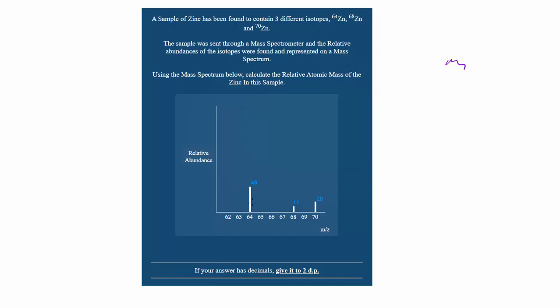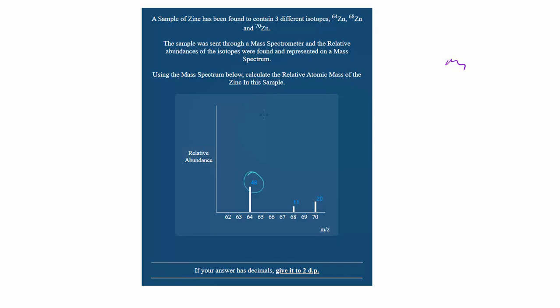And here, what we should notice is that there is close correspondence at the relevant numbers. So at 64, we see there's a bar there. At 68, again, there's another bar. At 70, we see there's another one. So it's quite straightforward to match it in this case.